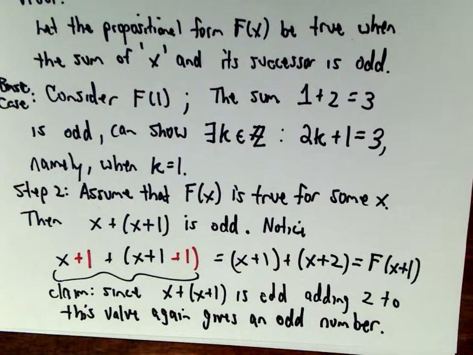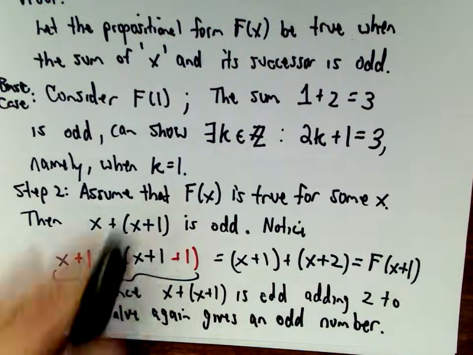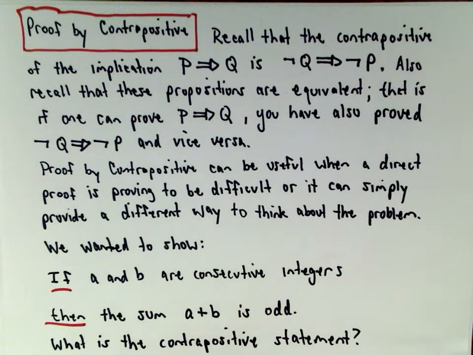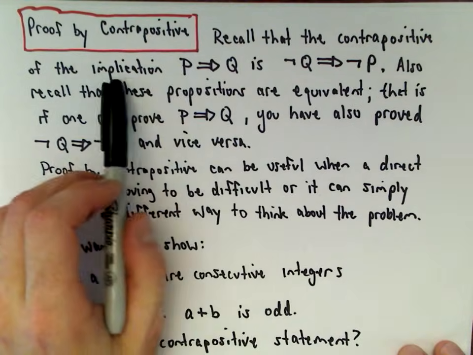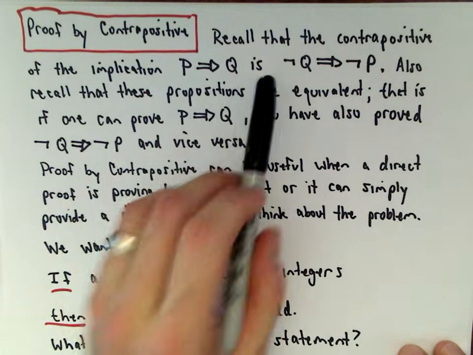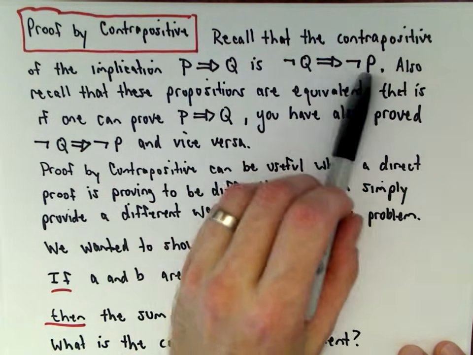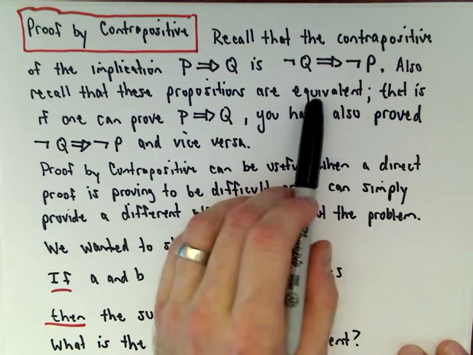Last but not least, let's look at proof by contrapositive. So the contrapositive of the implication if P then Q is if not Q, then not P. And these propositions are equivalent.